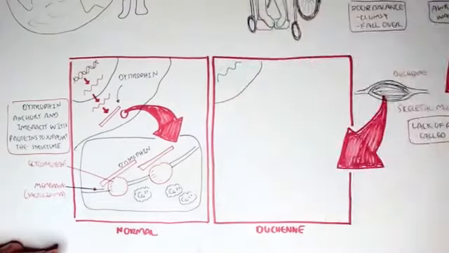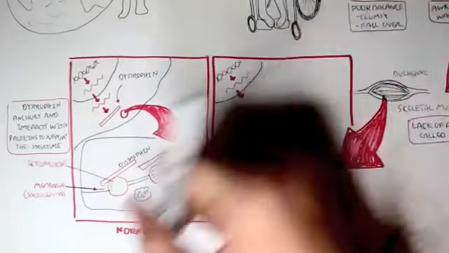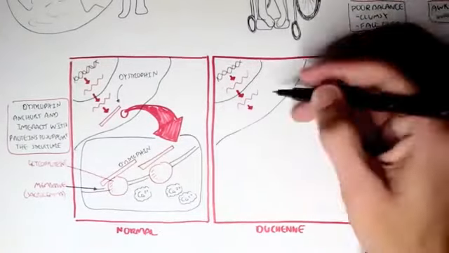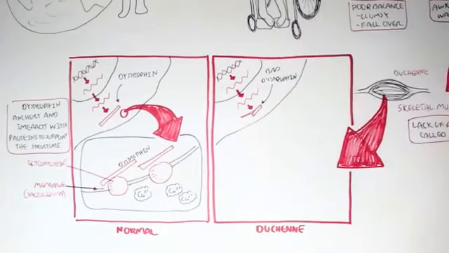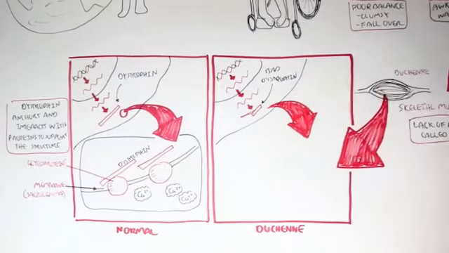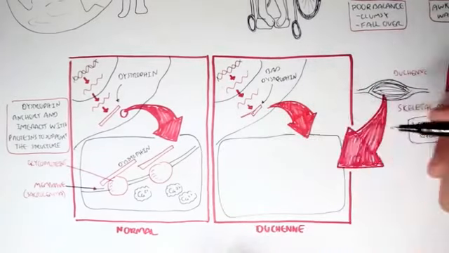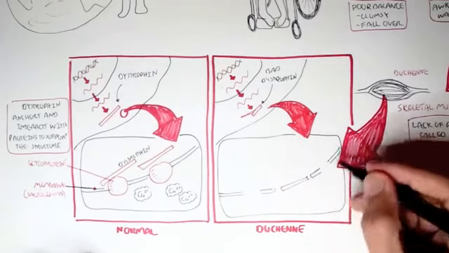Now in Duchenne muscular dystrophy, there's a problem in the DNA, and it still codes for some form of RNA. But when it gets transferred to the cytosol, it will essentially make a defective or bad dystrophin, which basically does not have any particular function. So if we zoom into the same structure, here's a cell membrane, and here are the proteins.